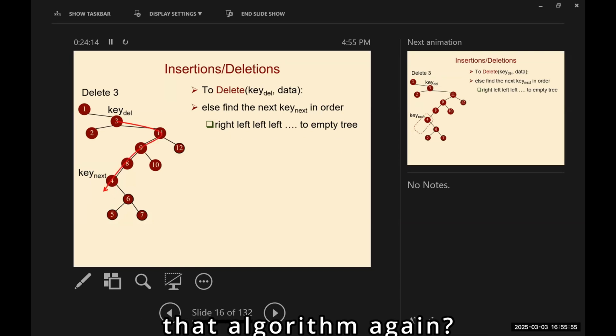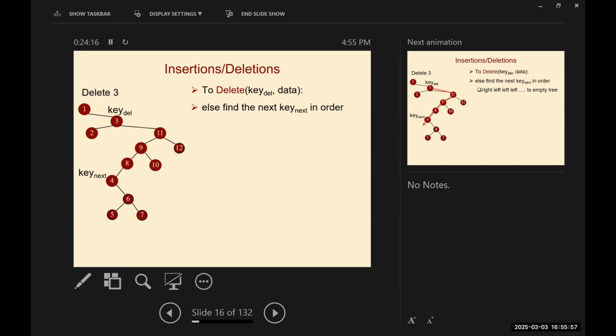So should we review that algorithm again? Right? So what we're saying is 2 can't go up here because it's bigger than 1. Besides, 1 has a lot of stuff up there, right? And we have a lot of things under 2. So 2 is a big tree, 11's a big tree. We don't know what to do with these big trees, right?